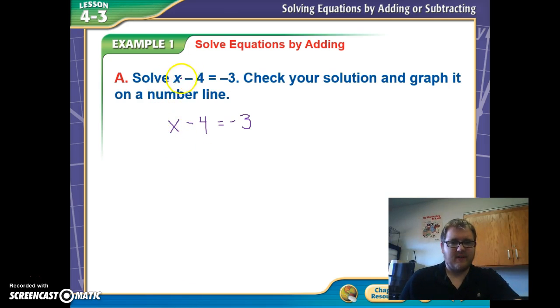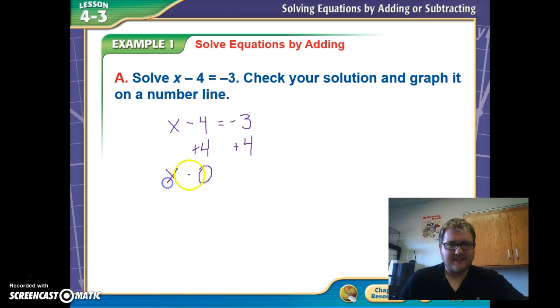If we're going to solve for x, this variable, we want it to be on the side by itself. So to get x by itself, I'm going to use this trick to get rid of the 4. I'm going to add 4 to both sides. Because what happens is, if I have negative 4 plus 4, that gives me 0.